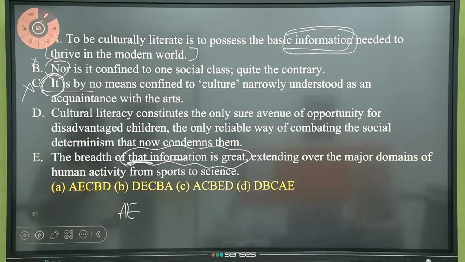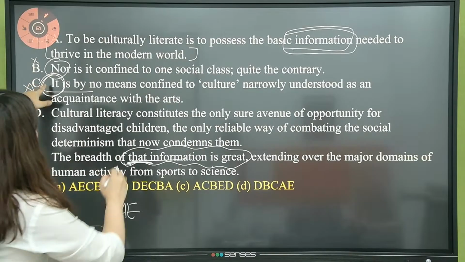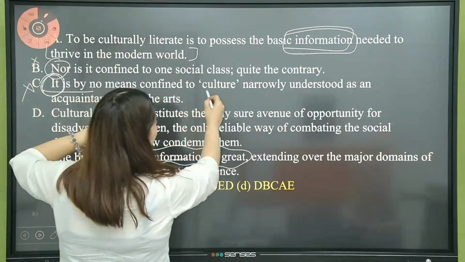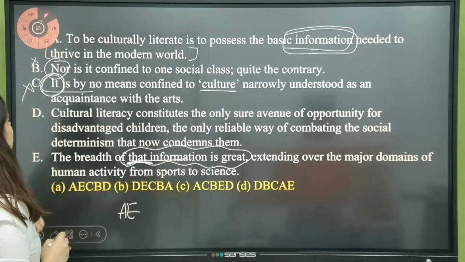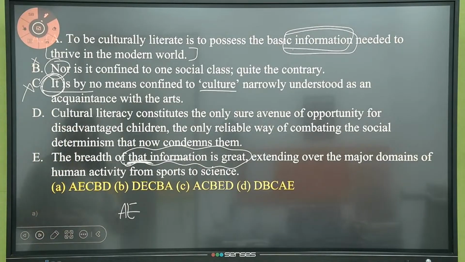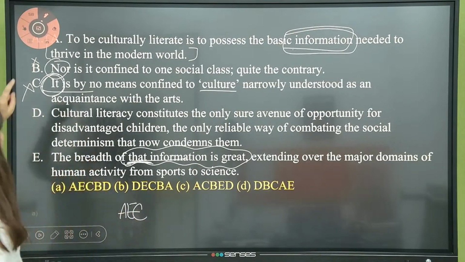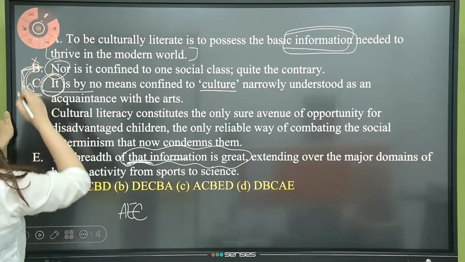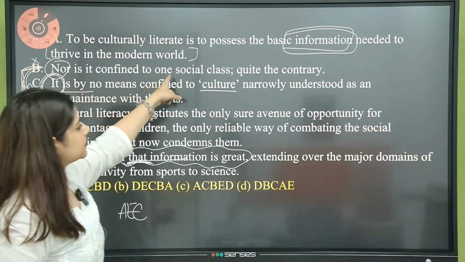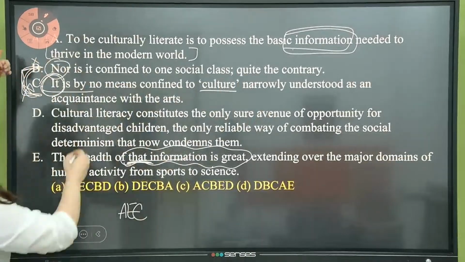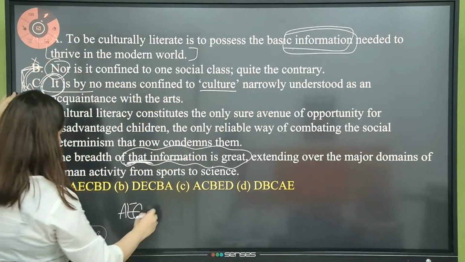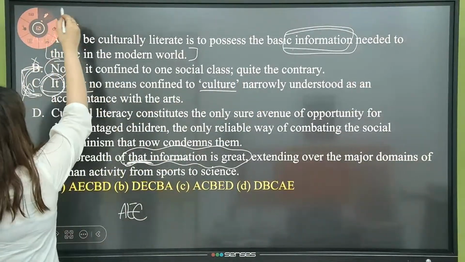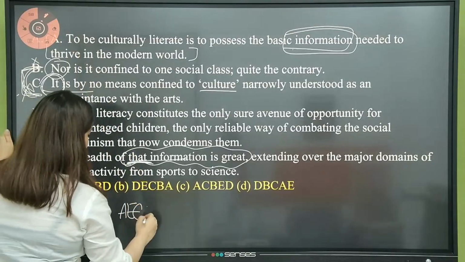science, and it is by no means confined to culture, narrowly understood as an acquaintance with the arts, nor is it confined. Again, C and B make a mandatory pair.